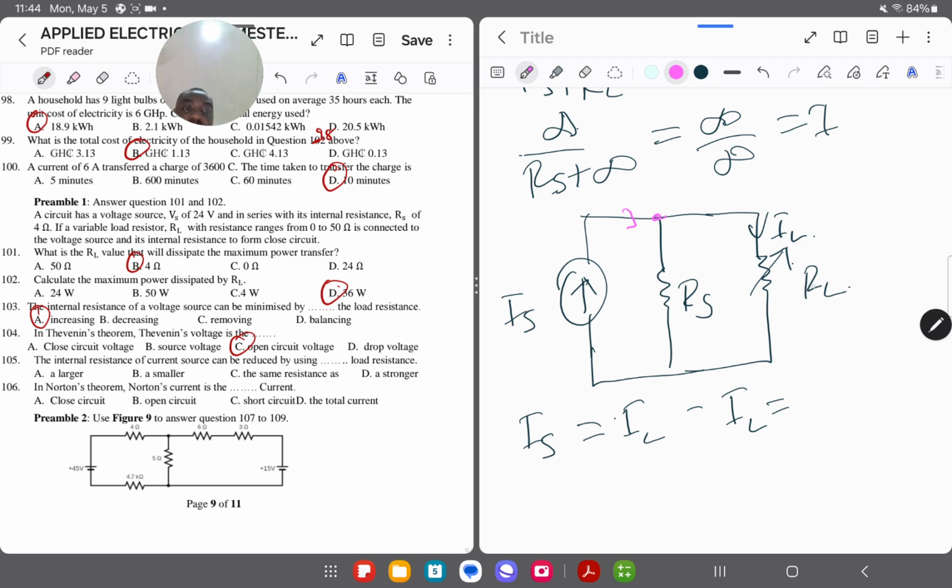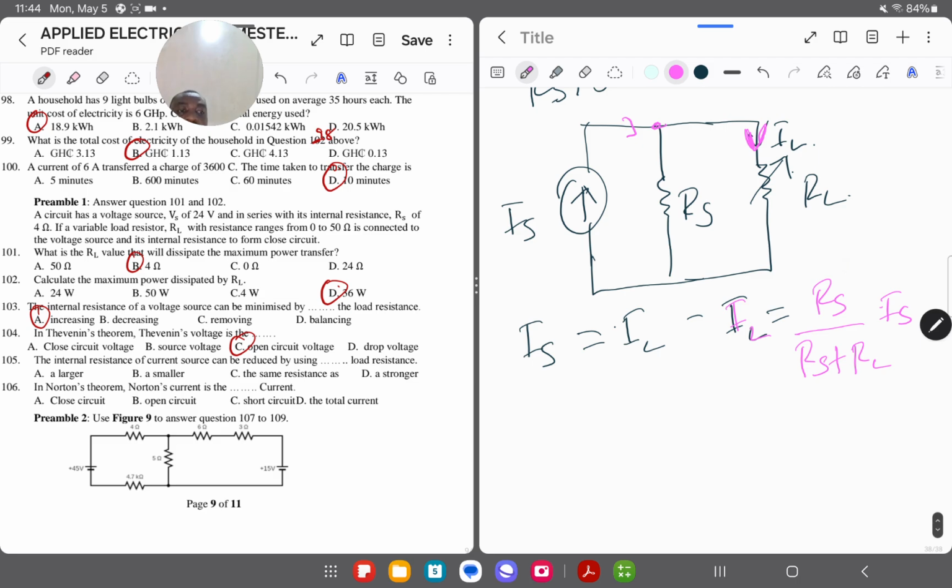So we use the current division rule to find the current that is passing through the load resistance, which is IL. So IL here is going to be equals to, since RS is in parallel with RL, we take the other resistance, which is RS, over the sum of the resistors in parallel, meaning RS plus RL, then times the total source current.